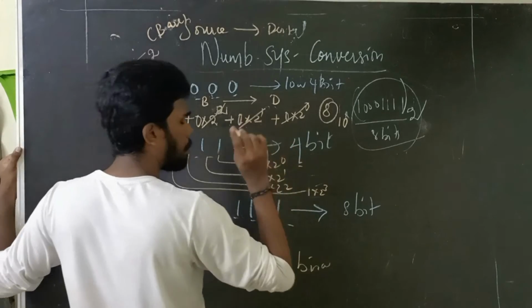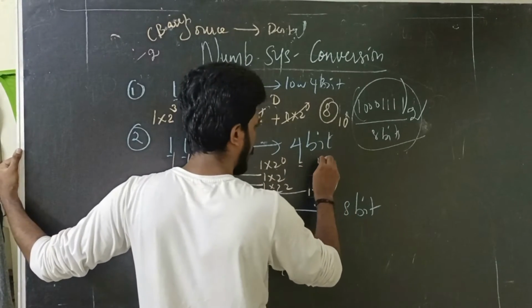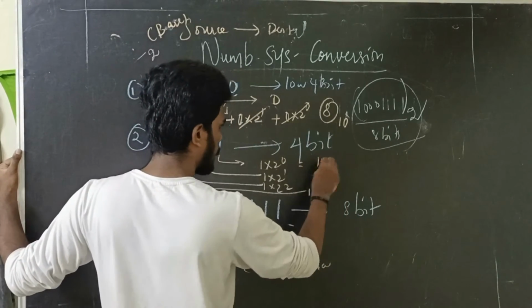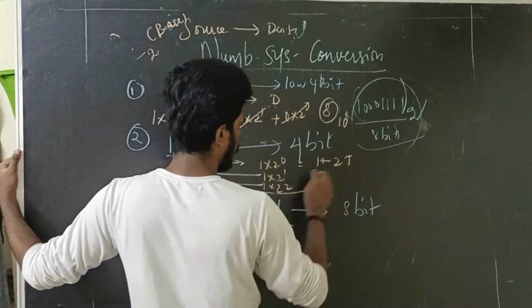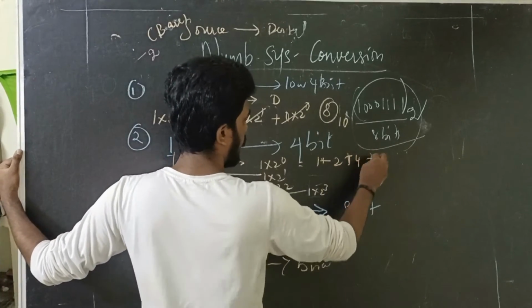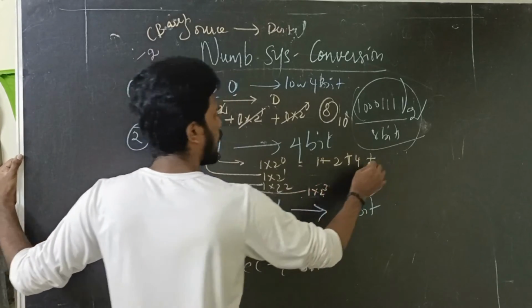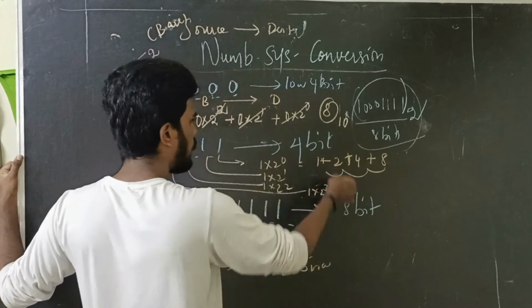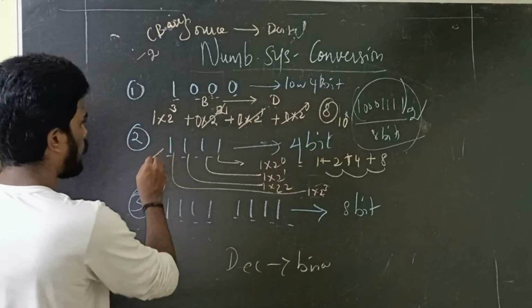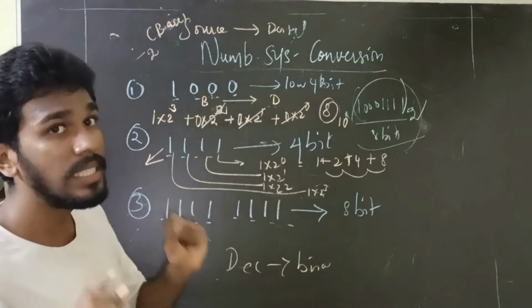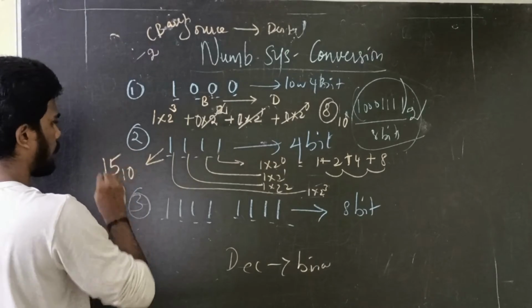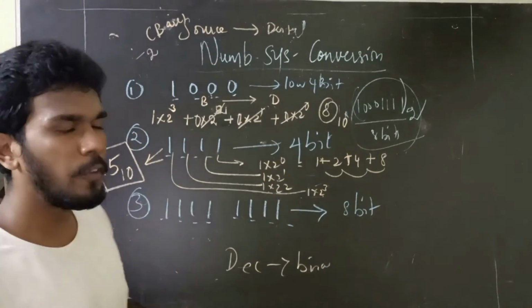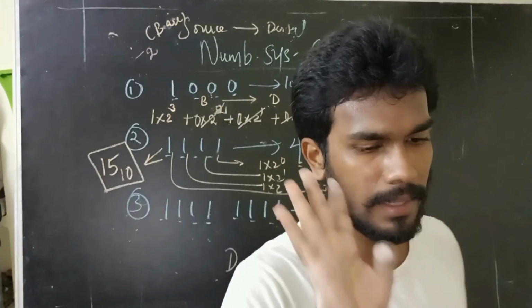Anything to the power 0 is 1, so 1, plus 2, plus 4, plus 8. So 3, 7, 15. The highest 4-bit number is 15 in base 10.